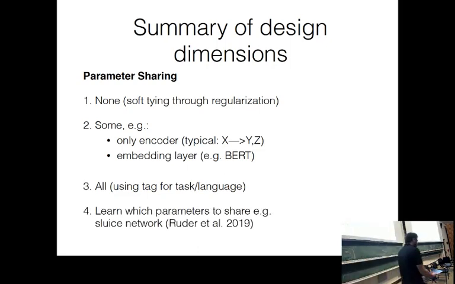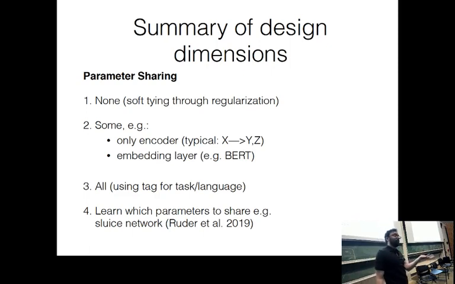And another even more recent thing is you can attempt to have a model that learns which parameters to share across different tasks. The paper that I mentioned with sluice networks is not the first one to do it, but it's super interesting. There's other work, also in machine translation, by Reza Haffari and others.